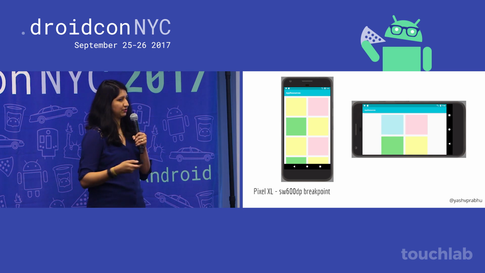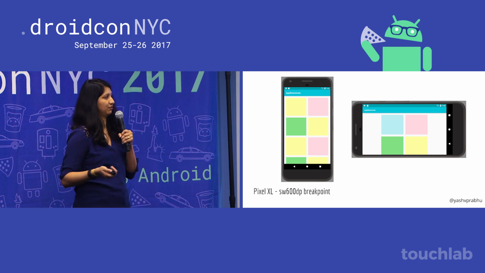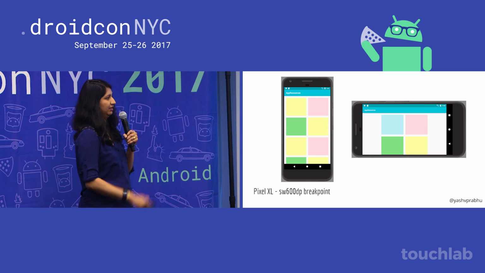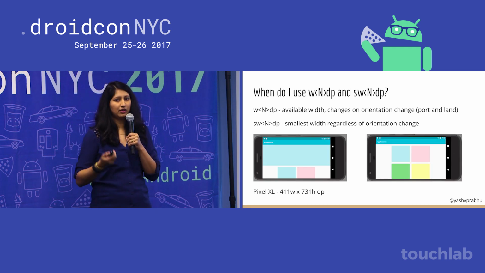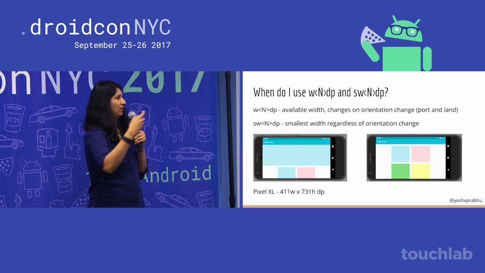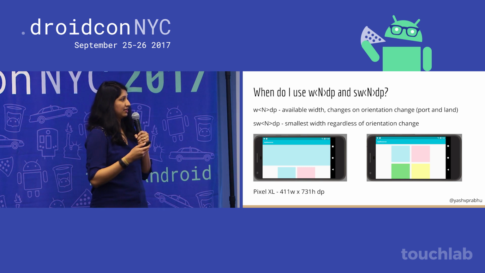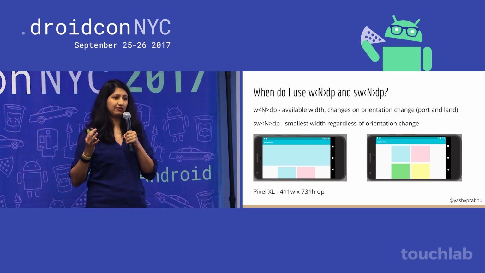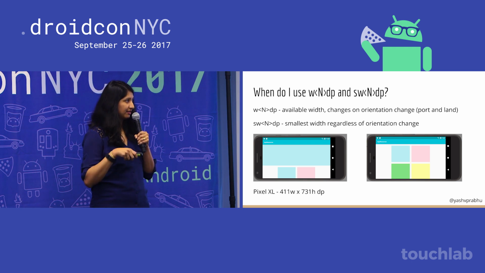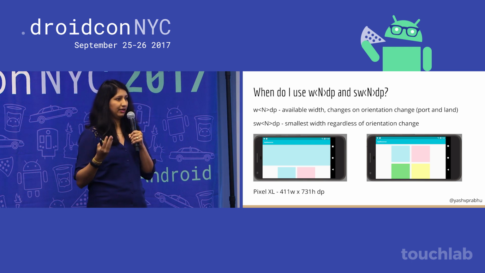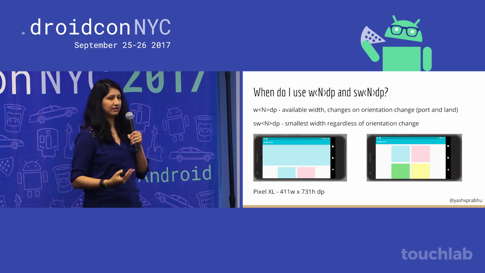If you didn't want to use width 600 dp, you would settle for using smallest width 600 dp. And in this case, you don't even have to create smallest width 600 dp because you're basically using the same layout. So what is the difference between the two? Why would I use width over smallest width? Width is actually based on the available width of the device, and it changes on orientation. So if you were moving from portrait to landscape, and you want your layout to change to this different layout, then that's when you would use width 600 dp.